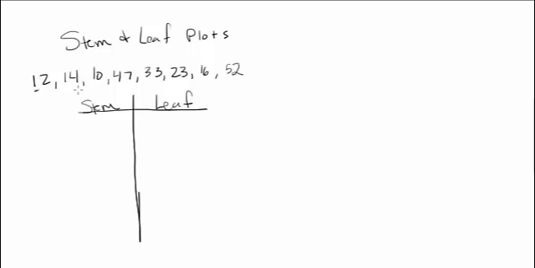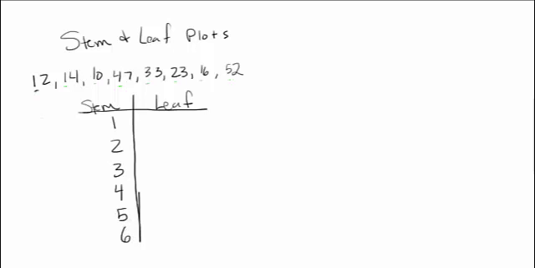So we've got some 1s, 12, 14, 10. We have a 4, 3s, 2s, 1s, 5s. So we need to go 1 through 6 with these stems. So we're going to have 1, 2, 3, 4, 5, and 6 for our stems.